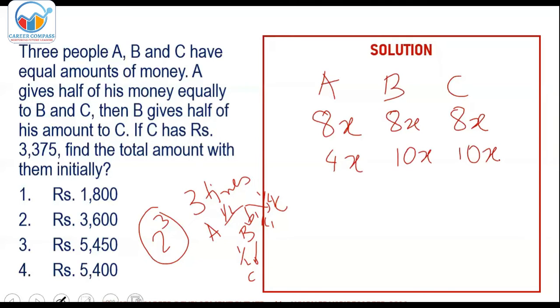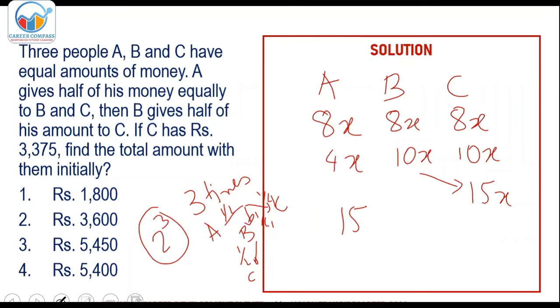See, A is giving his half amount equally among B and C. So 4x will be distributed as 2x and 2x among B and C. So they will have 10x and 10x each. After that, half of B is being given to C. That means C will end up having 15x.